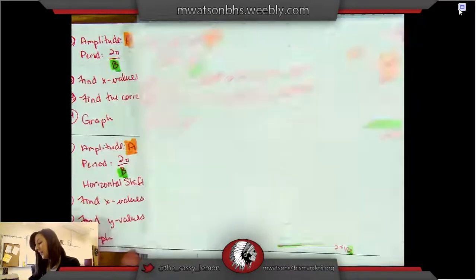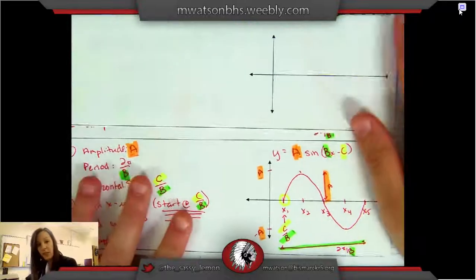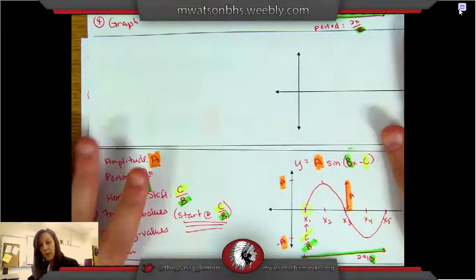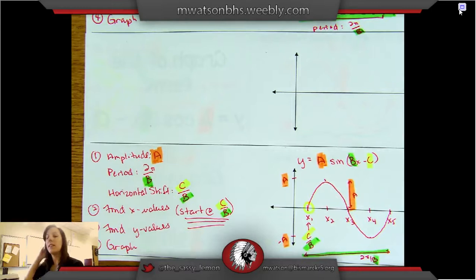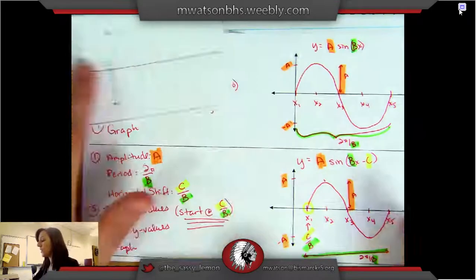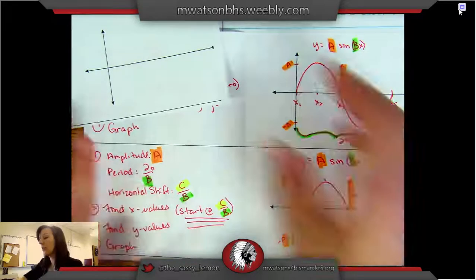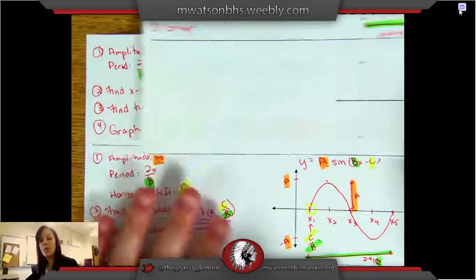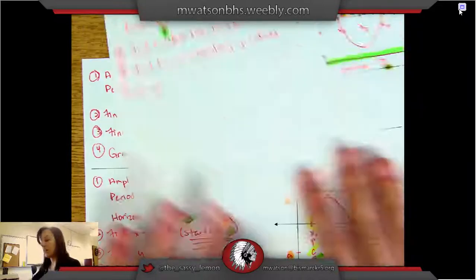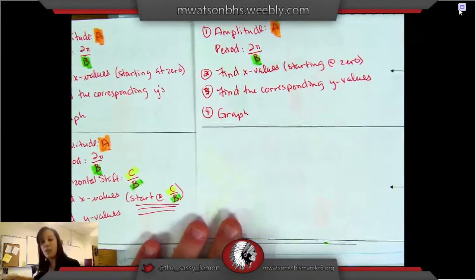All right, now let's go down to the bottom, and you'll remember from yesterday that the bottom section of our foldable helped us deal with horizontal shift, so actually shifting the whole graph over a little bit. So we're going to write those steps down, and let's go ahead and do that over here.